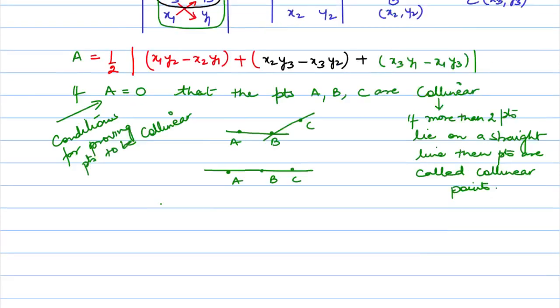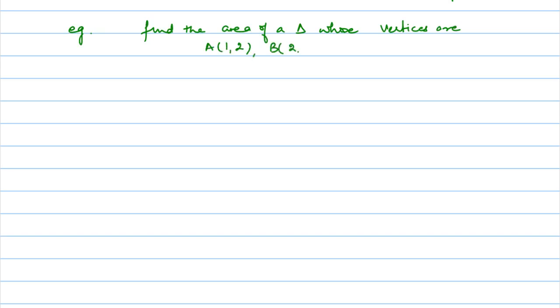Now let's take an example on it. Find the area of a triangle whose vertices are A (1, 2), B (2, 3), C (-4, -5). Now what is our formula? Half... we can assume any one of them as x1, y1, x2, y2, x3, y3.